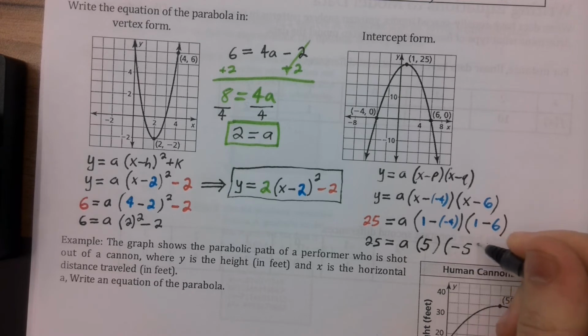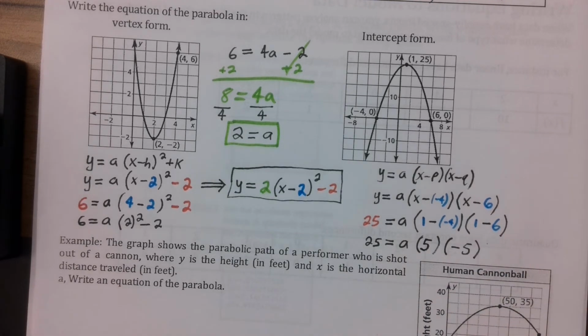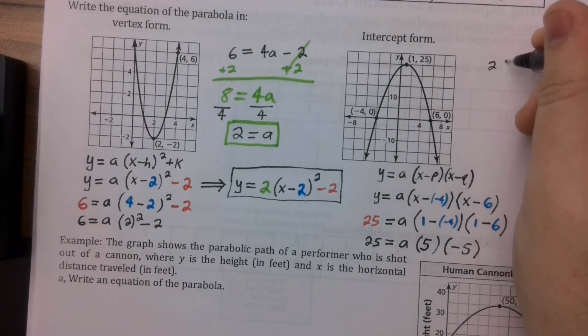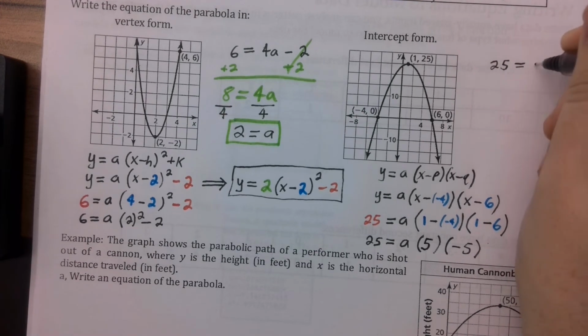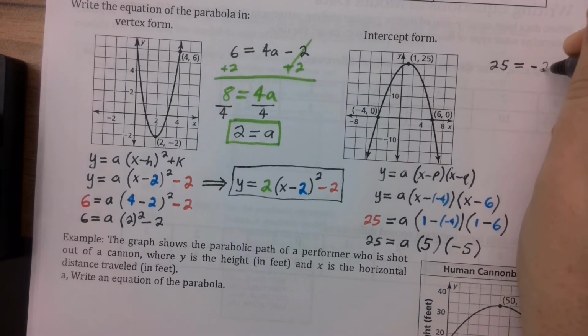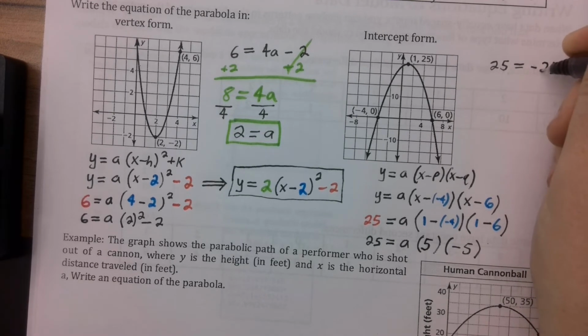Negative 5. 25 equals a times 5 times negative 5. What is 5 times negative 5? I'm going to write it up here since we're running out of space down here, negative 25a. 5 times negative 5 is negative 25.